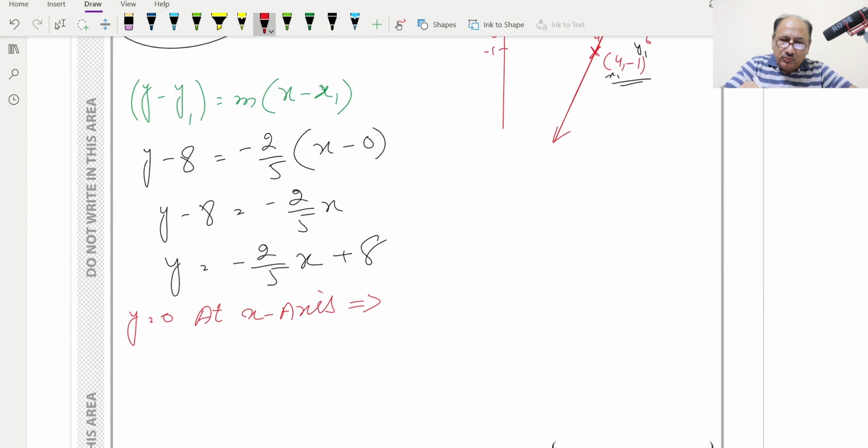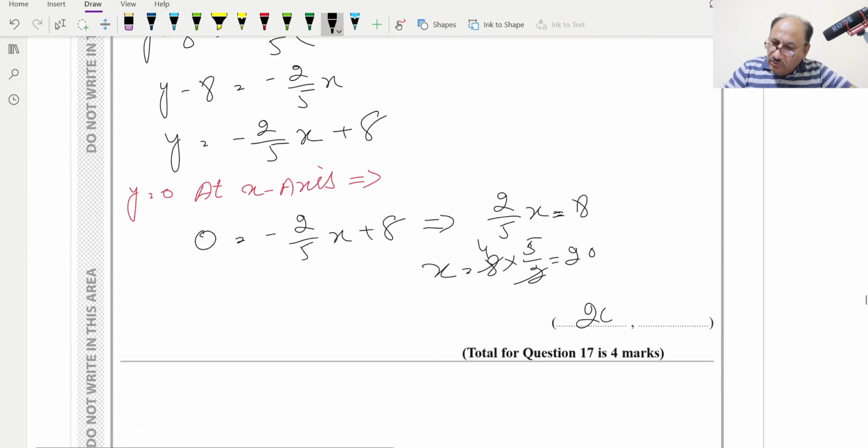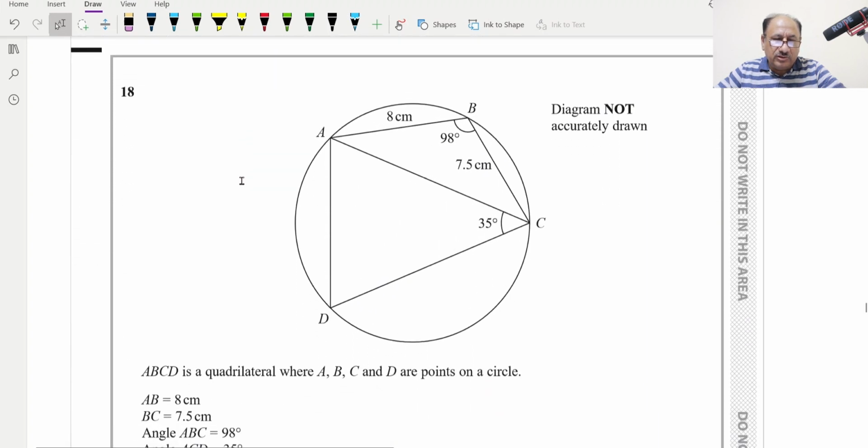This implies 0 is equal to minus 2 over 5x plus 8, and this implies 2 over 5x is equal to 8, and x will be equal to 8 multiplied by 5 by 2, and 2 fours are 8 and 5 fours are 20. So x value is 20, and y will be 0 because it is the x intercept. So coordinates will be 20 and 0. Hopefully you understood each and everything for this question.